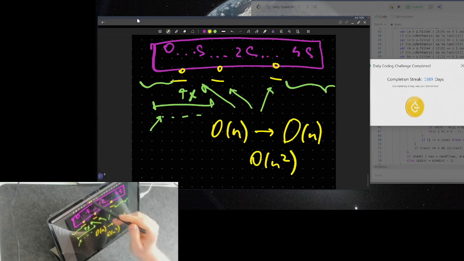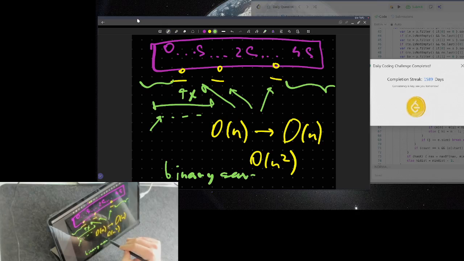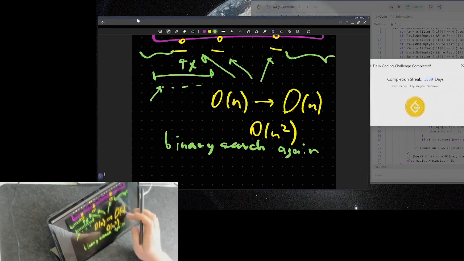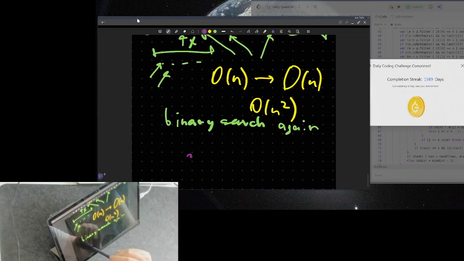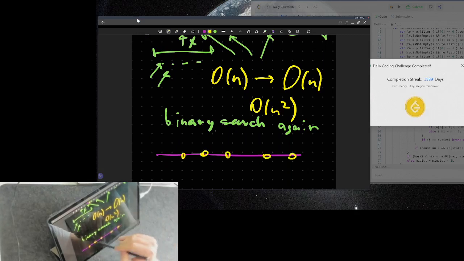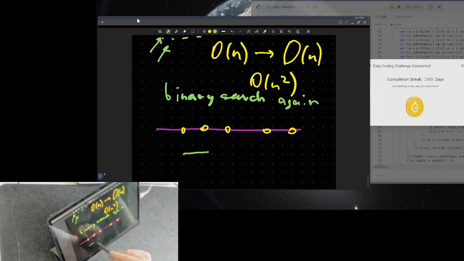But as our coordinates are increasing, we can use binary search again to find the next position with the minimum allowed distance. So imagine you have some points, you have some minimum allowed distance, and you just find the next point that is bigger, that has a distance or coordinate bigger.